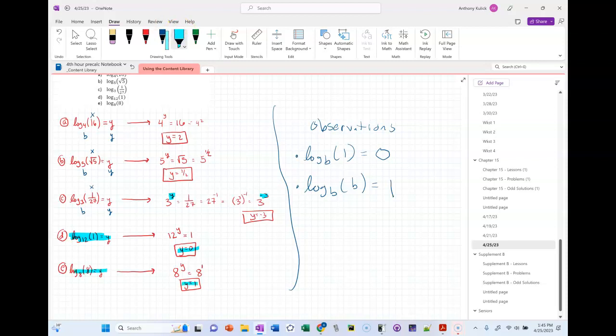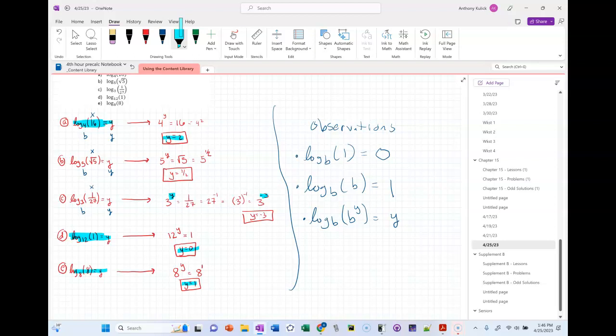That's what we saw here. Here we have that log base b of b to the y is just equal to y. That's what we saw here.